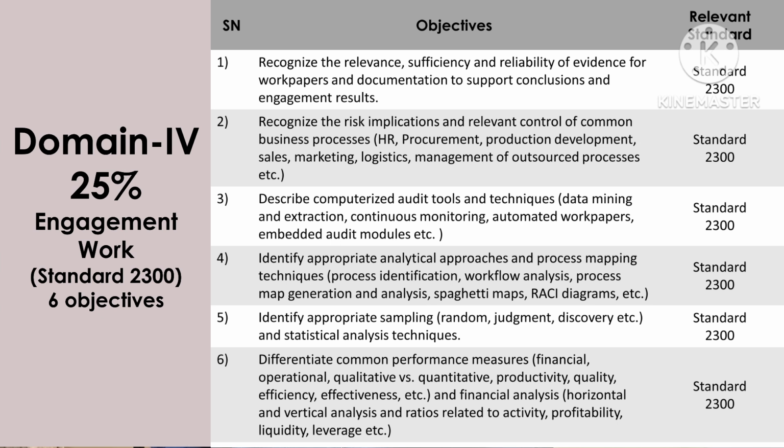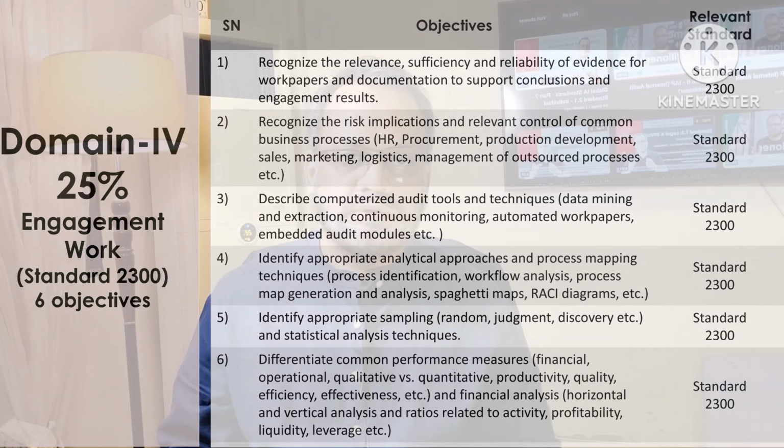The 5th objective is identify appropriate sampling and statistical analysis techniques. And number 6 is differentiate common performance measures, for example, financial, operational, qualitative versus quantitative, productivity, quality, efficiency, effectiveness, and financial analysis like horizontal and vertical analysis or ratios related to activity, profitability, liquidity, and leverage, etc.